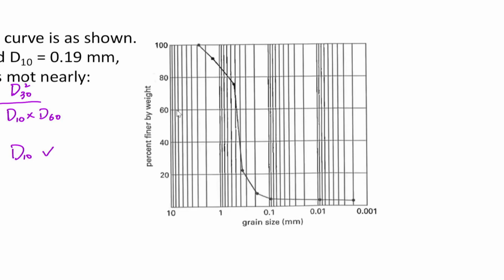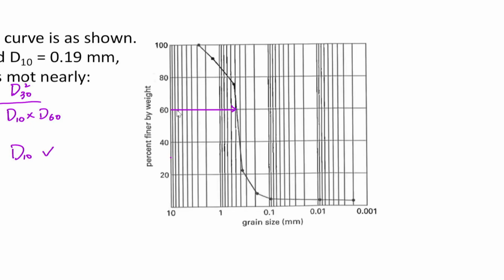So the way we find D10 or D60 or D30 from the graph is basically we go ahead and find where the 60% is at, then find that point on the curve, and then come down, and that will be our D60. Again, we know D60 and we know D10, so the only thing we need is to find where D30 is.